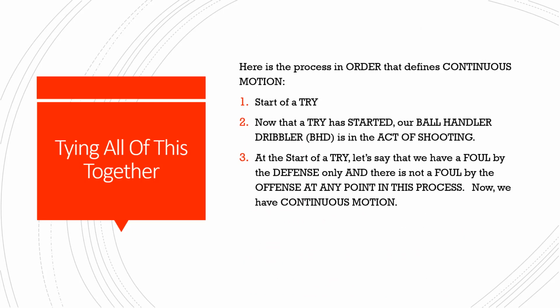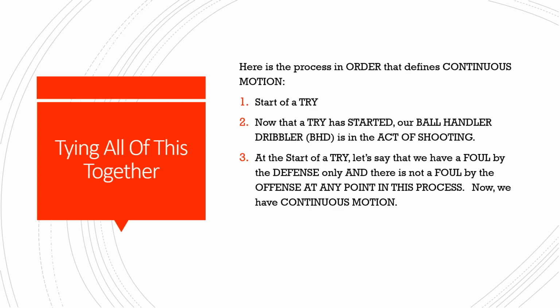Let's tie all this together. So here's the process in order that defines continuous motion. Number one, we have the start of a try. Now that a try has started, our ball handler dribbler is in the act of shooting.